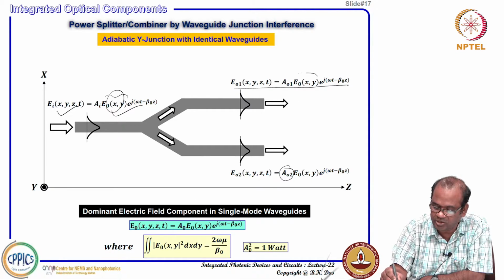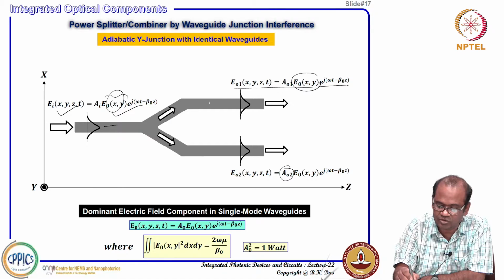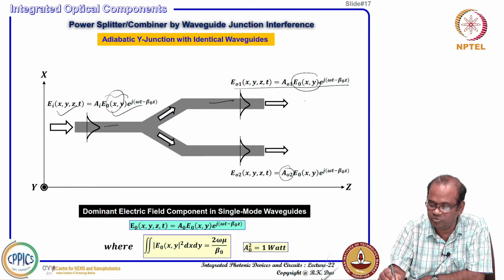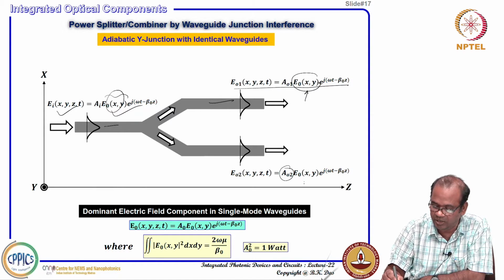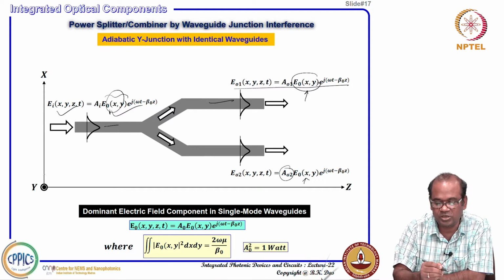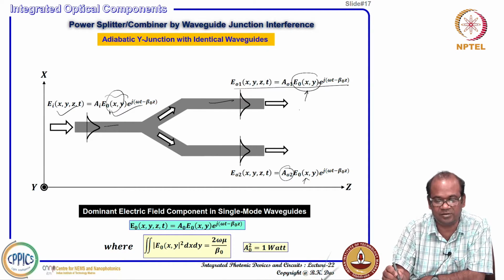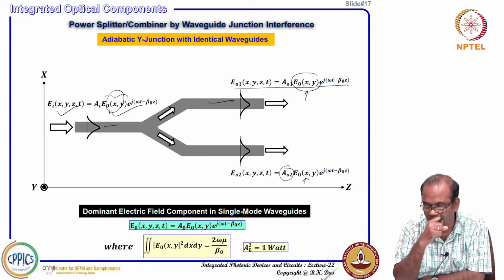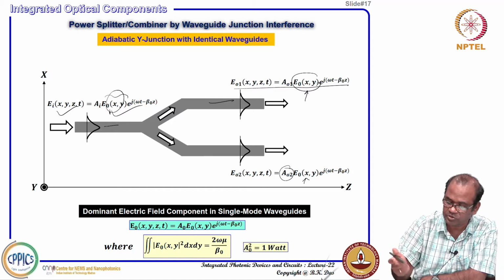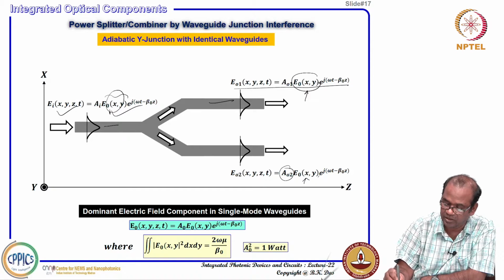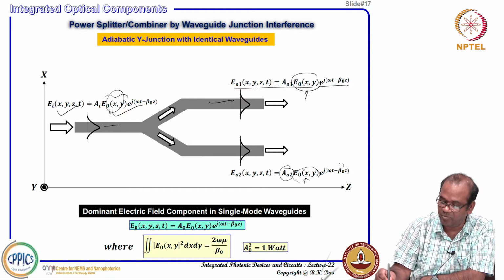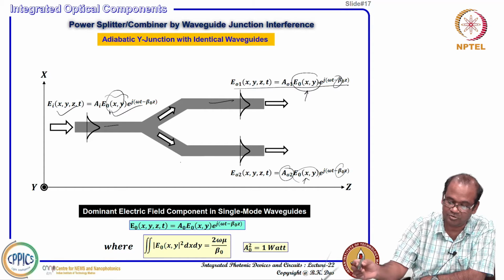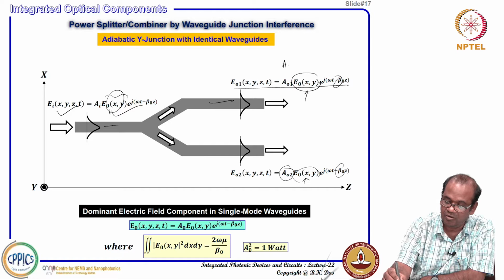Since this waveguide and this waveguide are identical, I have also used the same field distribution E naught xy, E naught xy. The field distribution is the same, only the coordinates are different. That has to be introduced whenever you are doing some computation for other applications. But at this moment, you have to keep in mind that they are identical waveguides with the same propagation constant along the z direction. Only thing is that here you will be getting A output 1 and A output 2.